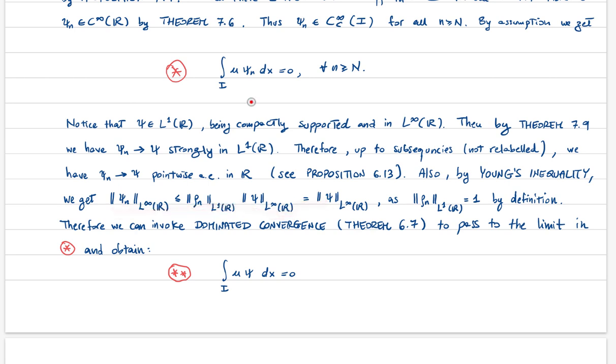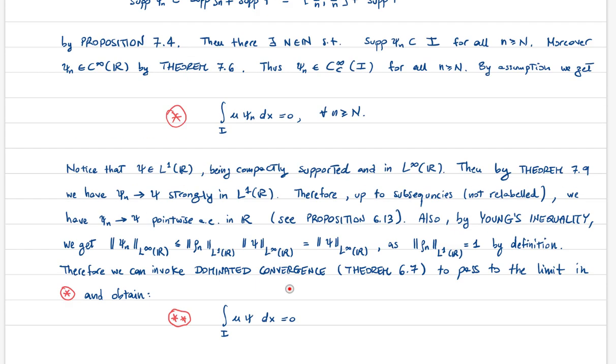And so these are all the assumptions we need for the dominated convergence, meaning that we can pass to the limit in this integral here and obtain that this one is converging to the integral over I of u times psi, and since the integral of u times psi n is 0 for all n, we also conclude that the limit must be 0. So the integral of u times psi is equal to 0.